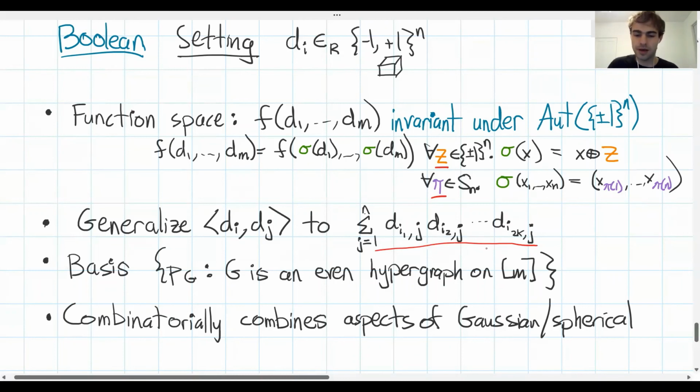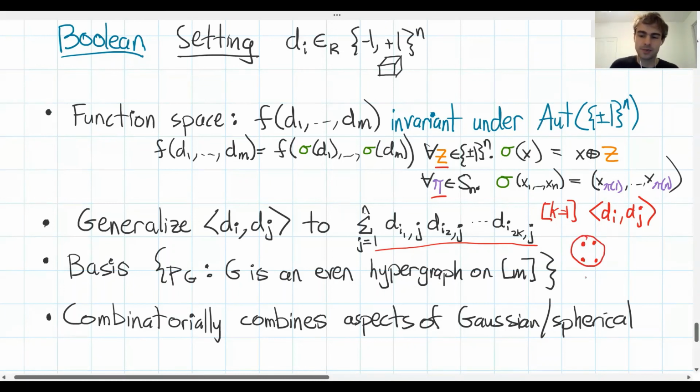Given an even number of vectors, just sum up the coordinates of the vectors multiplied together. For example, if k equals 1, then this is just taking the inner product between di and dj. For k equals 2, this is doing some sort of higher order inner product, where you measure the inner product between 4 different vectors.